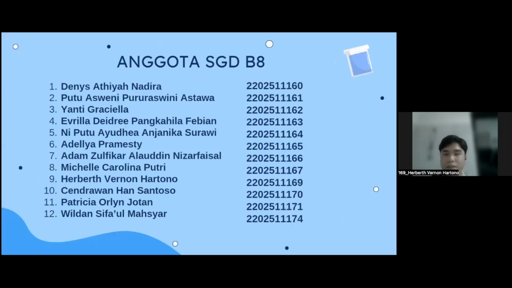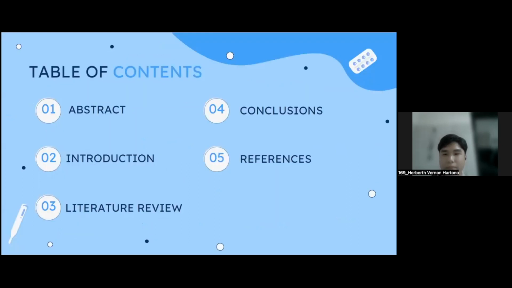So here are the members of our small group discussion. In this presentation, we will provide an explanation of our student project with the theme of best practice in pre-analytic histology specimen handling, a comprehensive review.